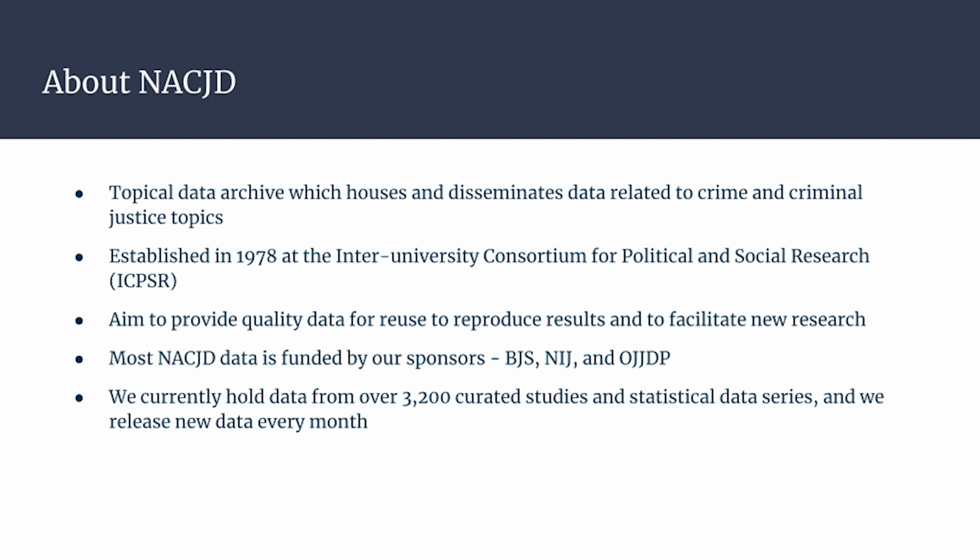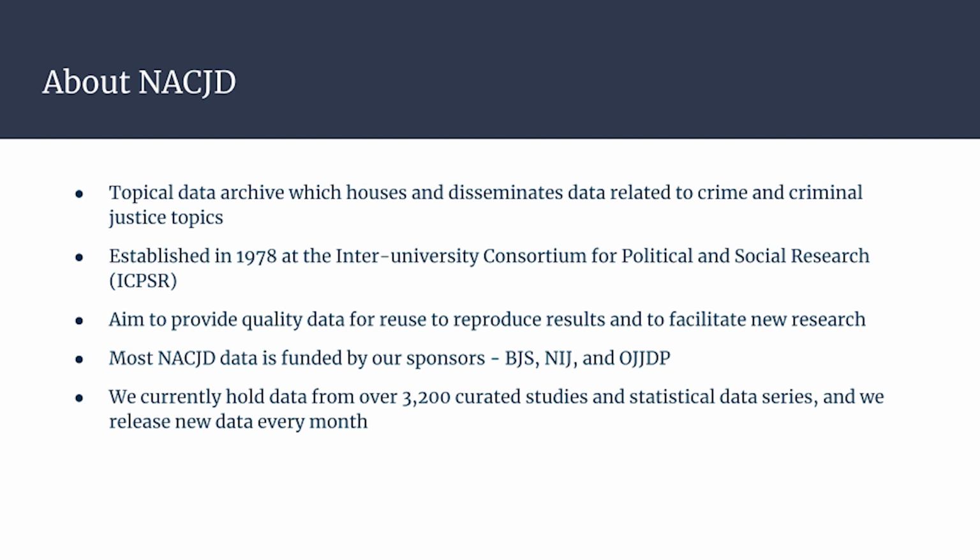The archive was established at ICPSR in 1978 and is one of ICPSR's oldest archives. Our mission is to support secondary research on topics related to crime and criminal justice by facilitating the discovery and use of data. We aim to provide quality data for reuse, to reproduce results, and to facilitate new research.